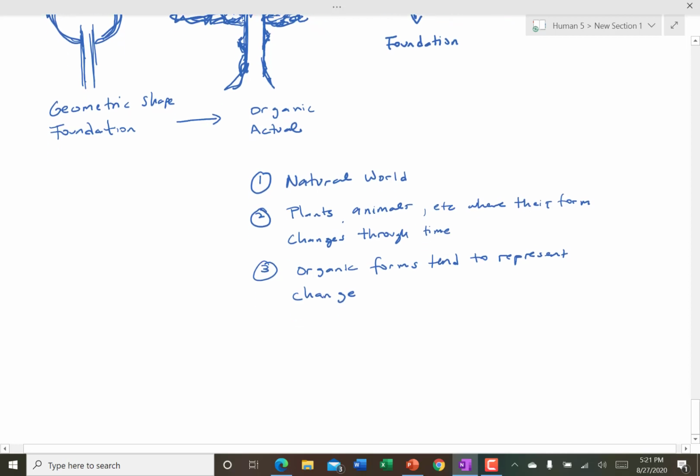And it can also be used specifically, artists will often use what's called distorted form. One of the ways you can use organic is that you can distort organic and geometric shapes, but it works best in organic, which is why you tend to see it more there.